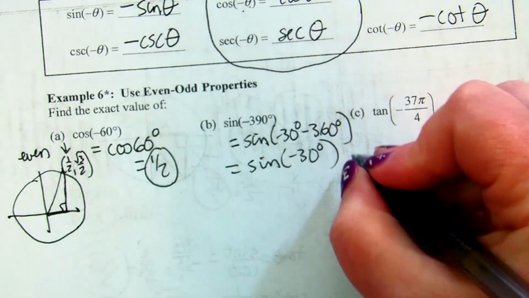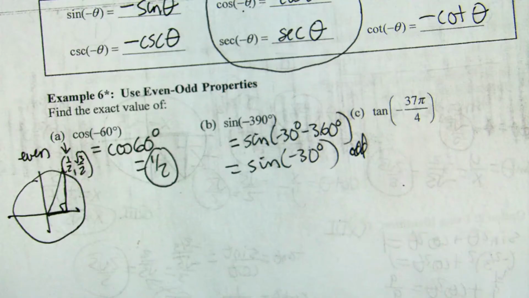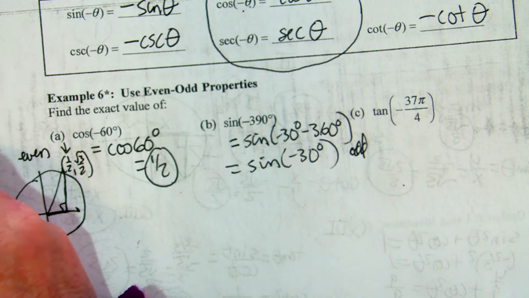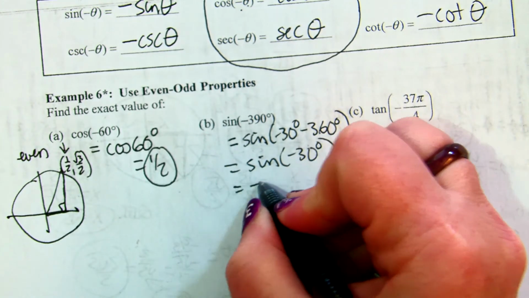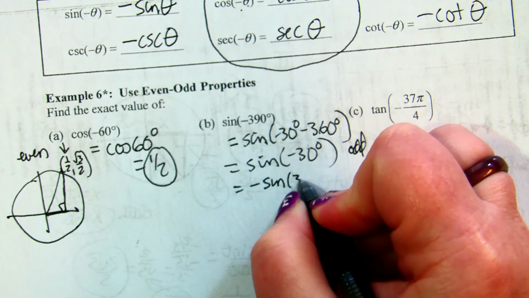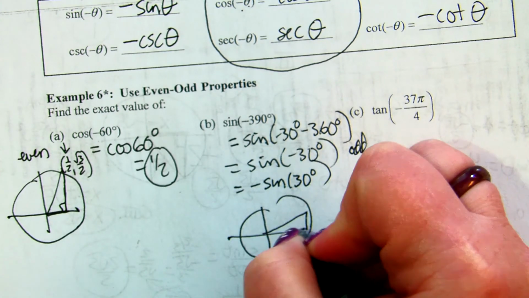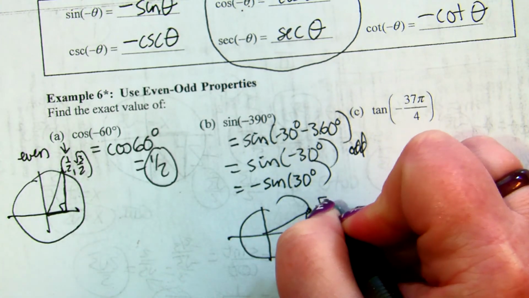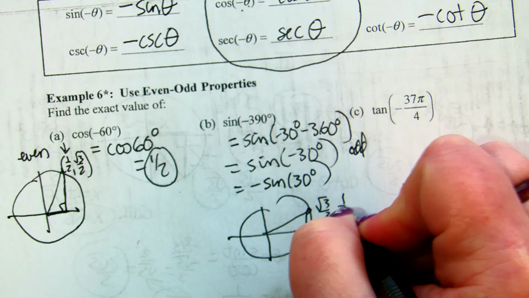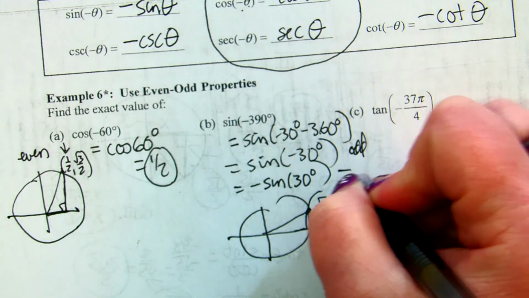And since it's odd, you're going to take the negative out, negative sine of 30 degrees. And when you do 30 degrees, it's rad 3 over 2, 1/2. And the sine is the 1/2, so it's negative 1/2.